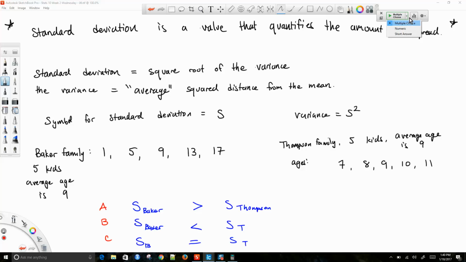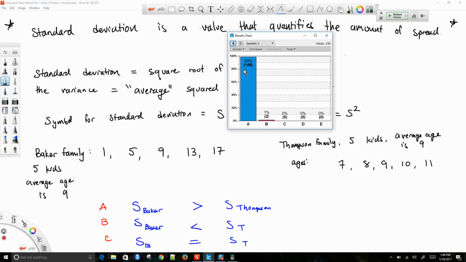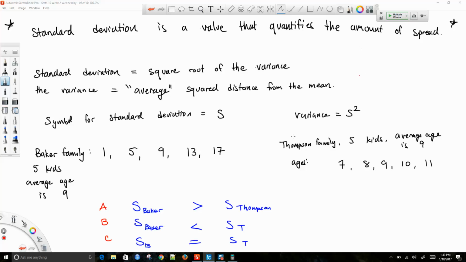And the correct answer choice is A. It seems like 99% of you agreed that the standard deviation for the Baker family will be larger than the standard deviation for the Thompson family, and that is correct.